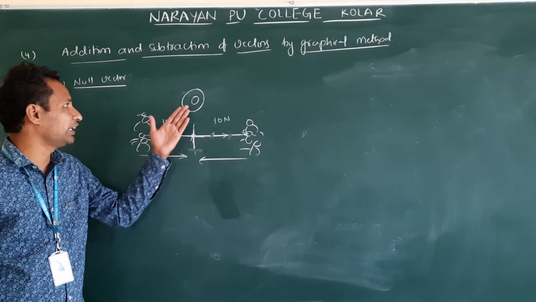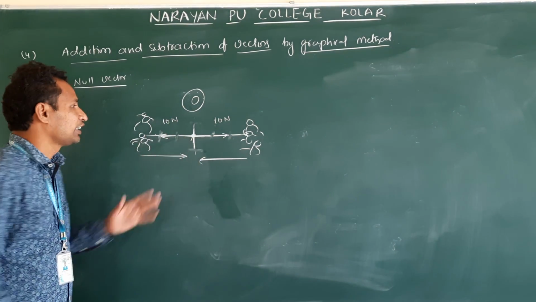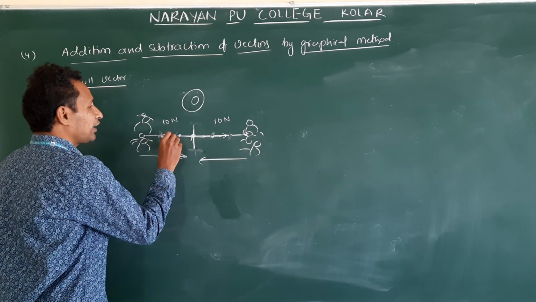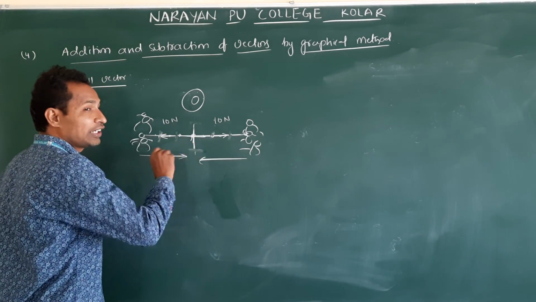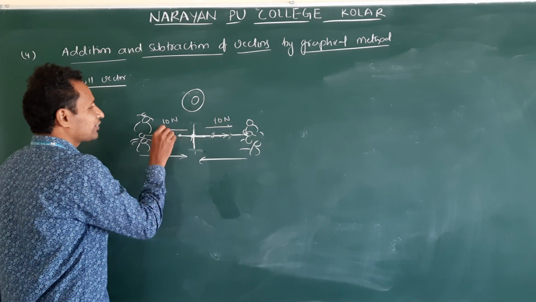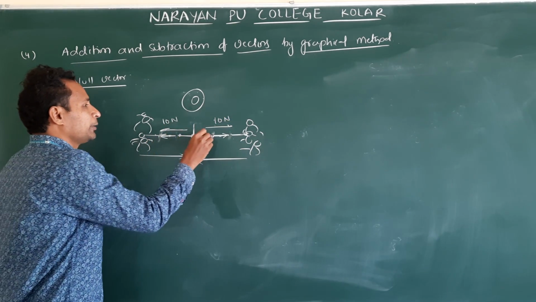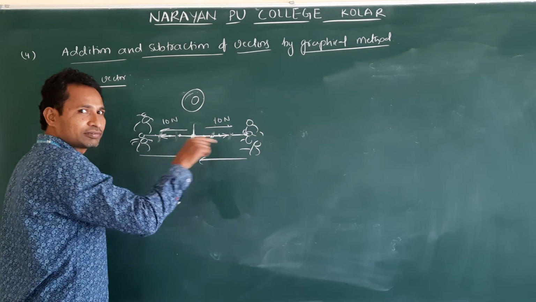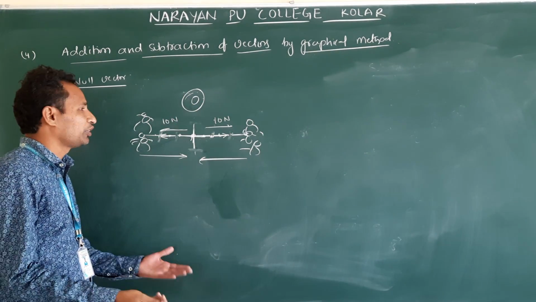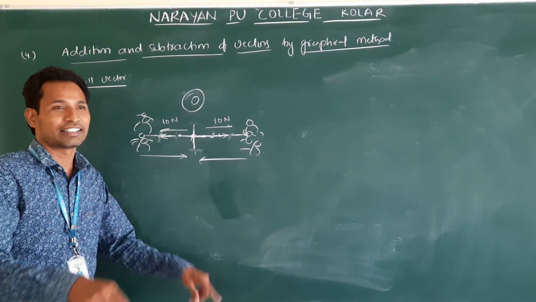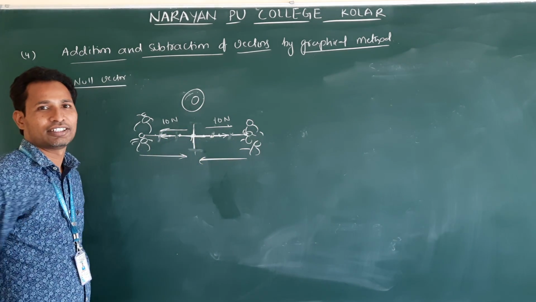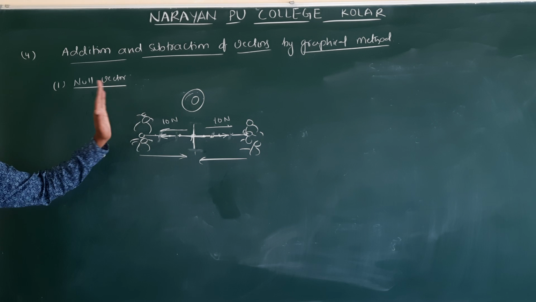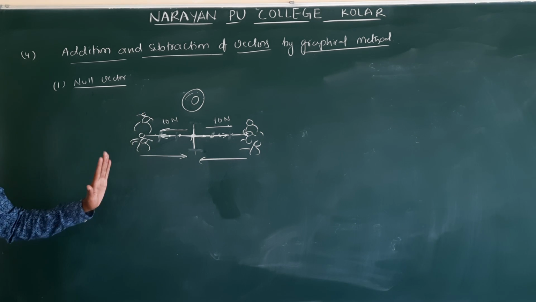If I ask where this 0 is acting, not only the center point, everywhere on the rope, each and every point will not move to this side or that side. So this 0 is acting everywhere, and everywhere means we cannot say the direction. That's why a null vector is a vector whose magnitude is 0, direction we cannot specify.